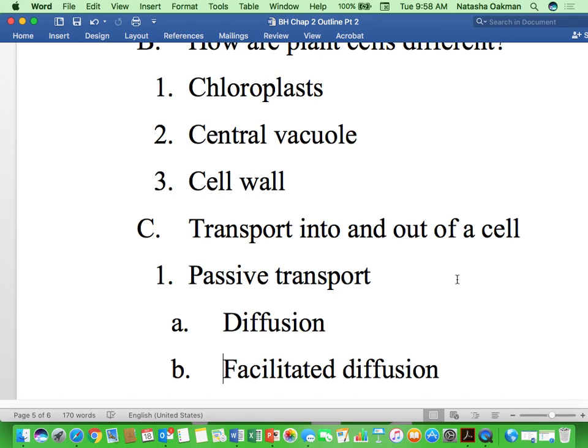Still moving from greater concentration to lesser, that rule still applies. It's just that they're moving through the proteins instead of the phospholipid bilayer.